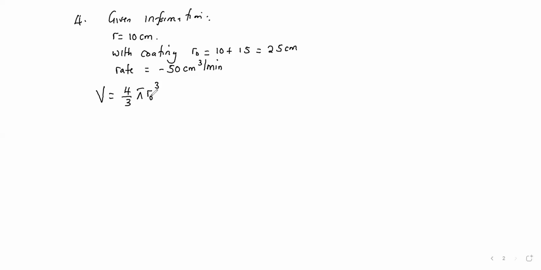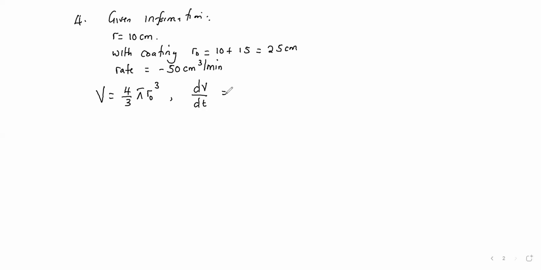So now we need to get dV/dt, which is equal to, because we want to find the rate at which the thickness of ice is decreasing when the thickness is 15 centimeters. So we are finding the rate at which it is decreasing when you are having T at 15.